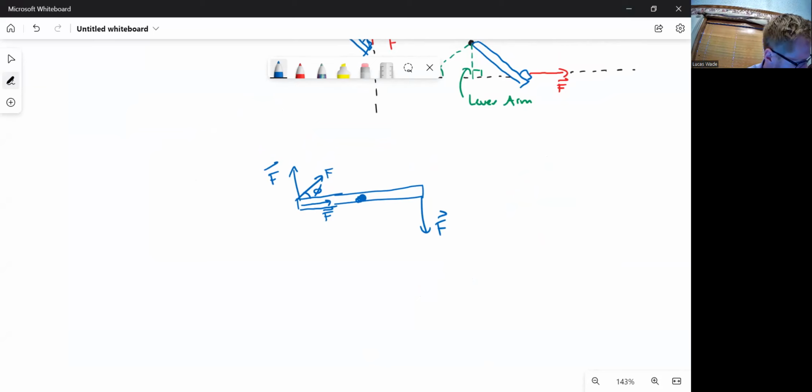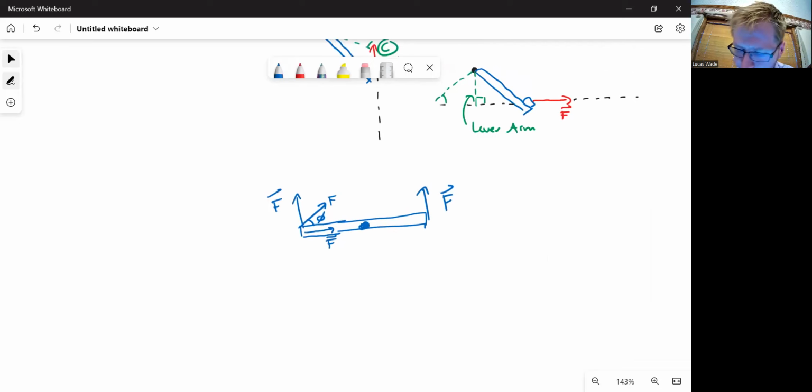Largest net torque. Oh, I've drawn this one the wrong way. There we go. Okay, so it may seem like this 90-degree one is going to produce the most torque.